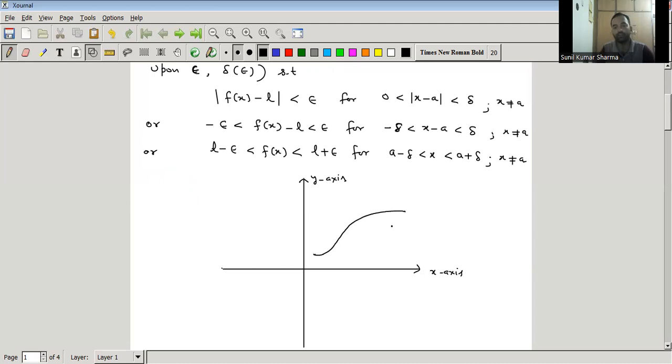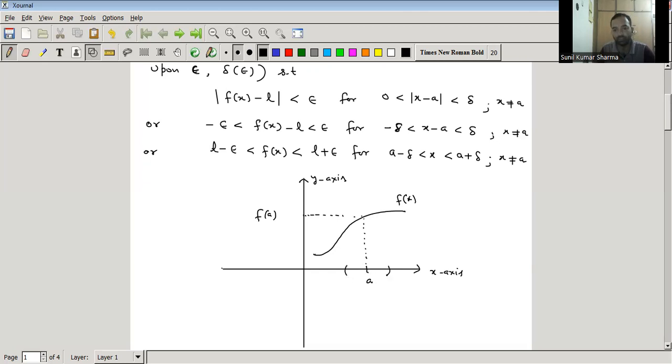If I take a function f to be this, this is the function f(x). Let a be any point on the x-axis, corresponding to this point a, we get f of a. And now we take the delta neighborhood around point a.